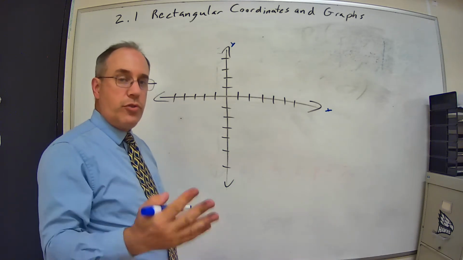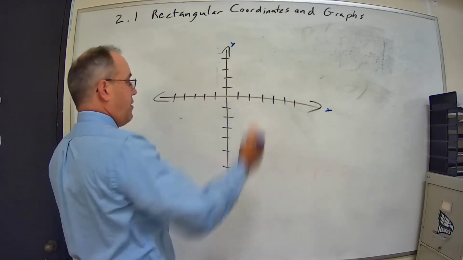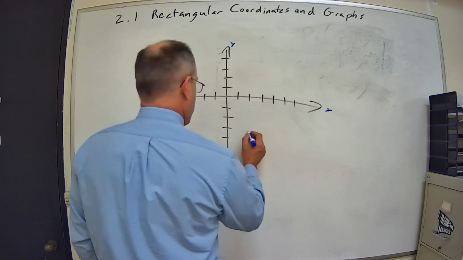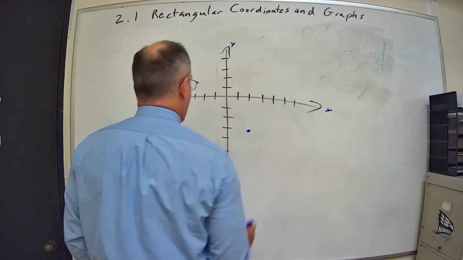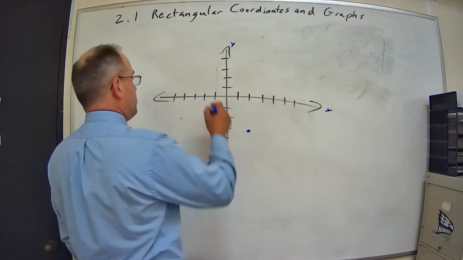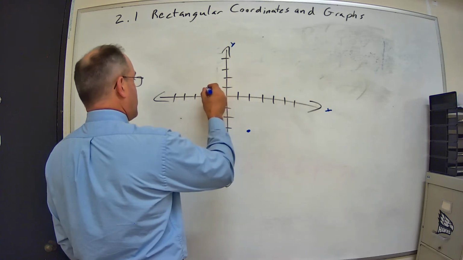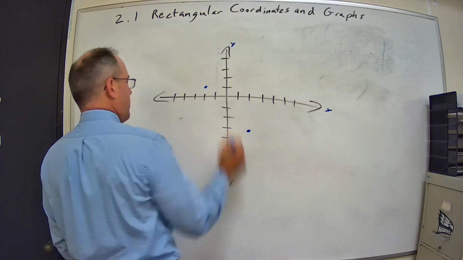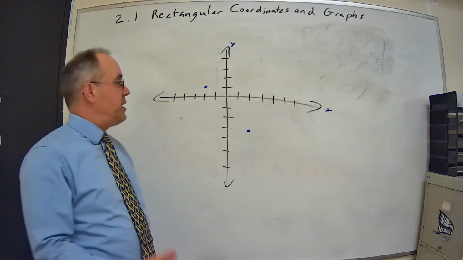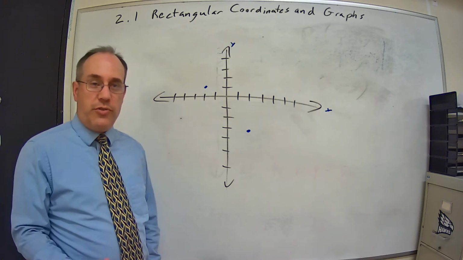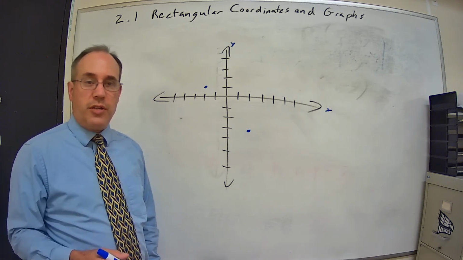Now if I give 2 points on this coordinate system, so I'm just going to choose this point here and this point here. It really doesn't matter what 2 points I choose for this particular demonstration.